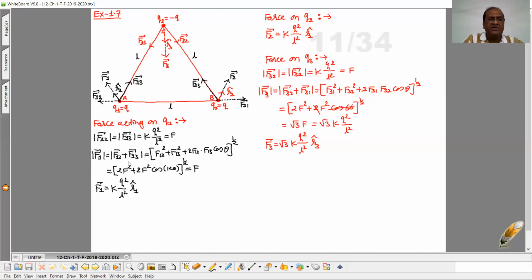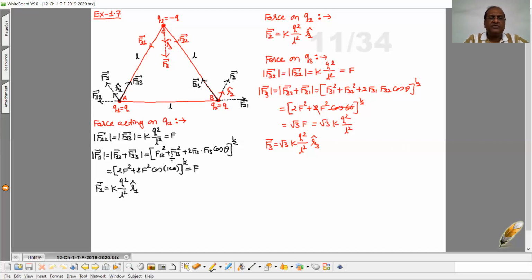So we can now write the resultant force on Q1, the magnitude of F12 plus F13, is equal to under root F12 square plus F13 square plus 2 F12 F13 cos theta. Now from the figure we can understand that the angle between F12 and F13 will be 120 because the inner angle is 60.